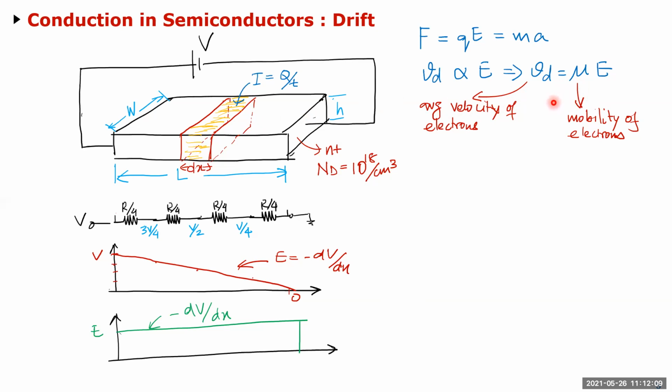Long channel means numbers like 0.35 micron. When you go below 0.25 micron, 250 nanometer, you start getting these high field effects, and these equations need to be modified. But they get really complicated, so we just keep it long channel to keep the confusion away. Once you get familiar with it, we'll introduce some of the short channel material.